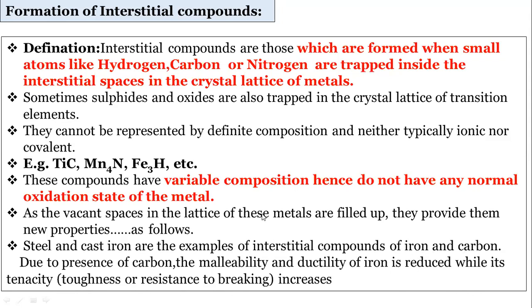It is also called high carbon steel. So tenacity increases, but the malleability and ductility decrease when carbon is trapped inside the iron. This is one example of an interstitial compound.